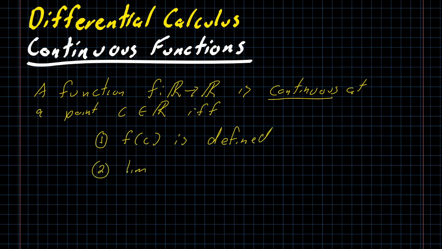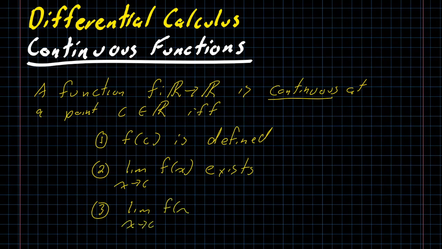The limit as x approaches c of f of x exists, and the limit as x approaches c of f of x is in fact equal to f of c. All three of those things must be true in order for us to say that the function is continuous at the point. If any one of those three things is not true, then we can immediately say that the function is not continuous and not have to worry about anything else.